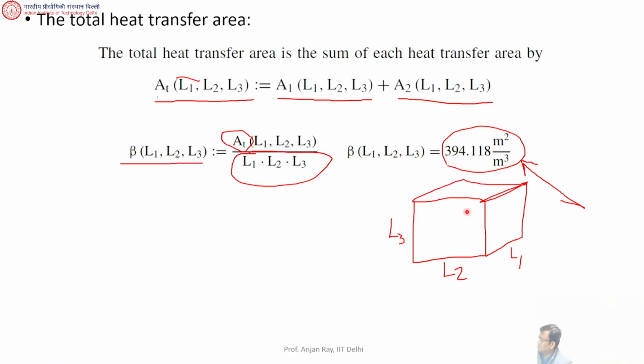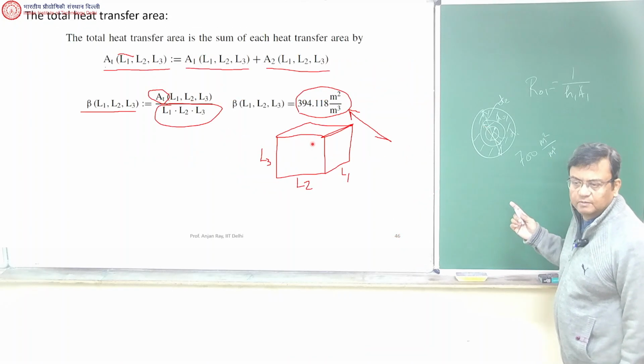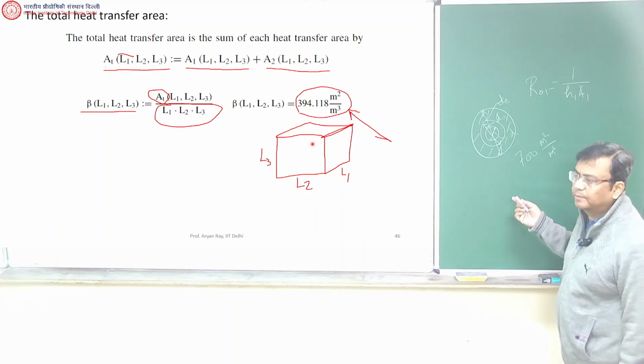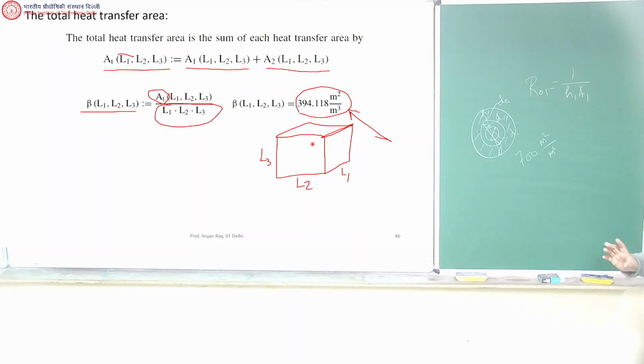So when it comes to heat exchangers, we said that area by volume thing is important. If this is about 700 meters squared per meter cube, then it starts becoming a compact heat exchanger. If it's more than this, then it's a compact heat exchanger. Why do people say 700? It's kind of based on experience and somewhat arbitrary. I mean, why not 650 or 600? It's just an industry practice, that's all.